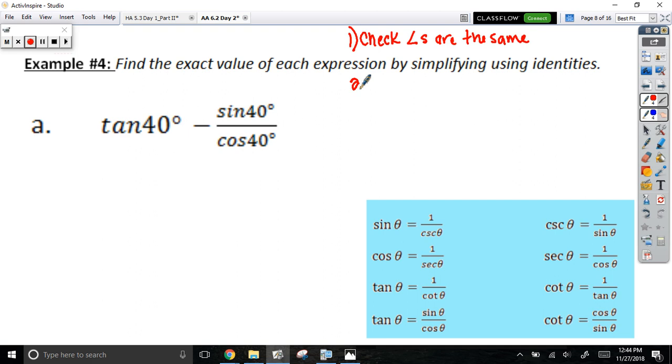All right, the second thing we're going to do is rewrite one or more expressions using identities.